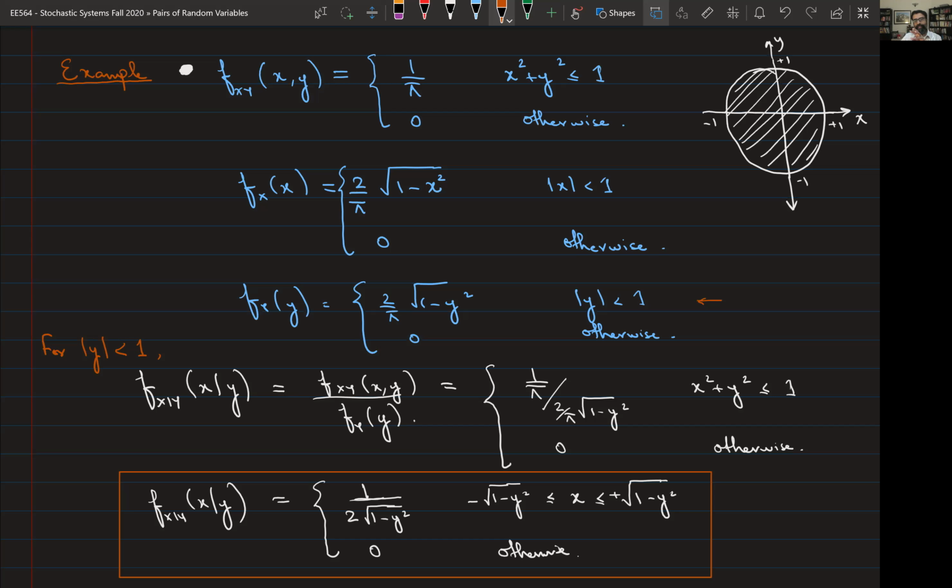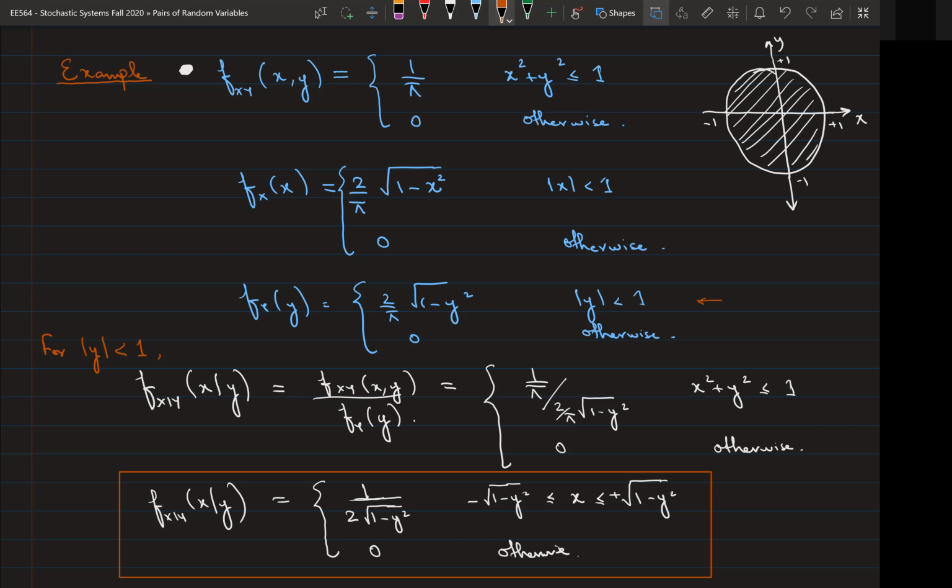So that means I have to define some condition on x. The reason I do this is to make another point clear: what kind of a random variable would this conditional x be? Given some observation on y, what kind of a random variable does x appear to be here?